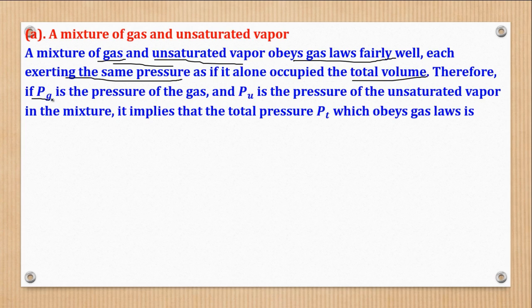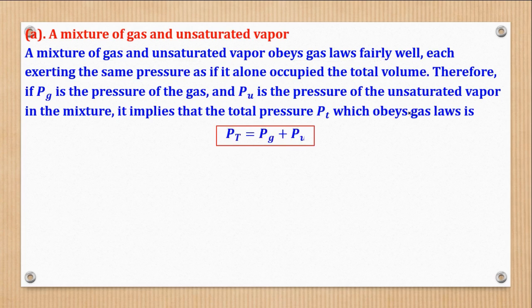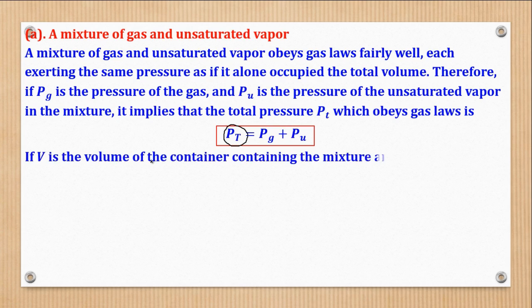Therefore, if Pg is the pressure of the gas and Pu is the pressure of the unsaturated vapor in the mixture, the total pressure Pt, which obeys gas laws, is got by summing the two: pressure of the gas plus pressure of the unsaturated vapor. That means this total will also obey gas laws, and that's what you use in the expressions of gas laws.